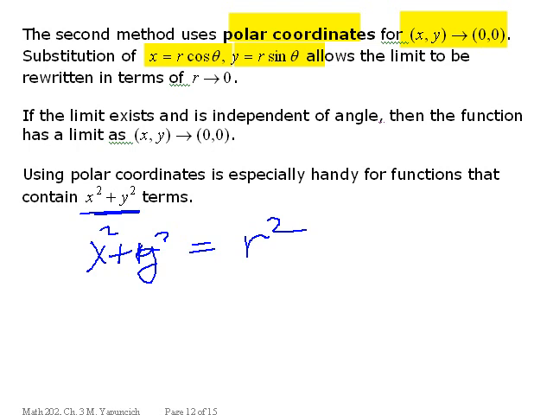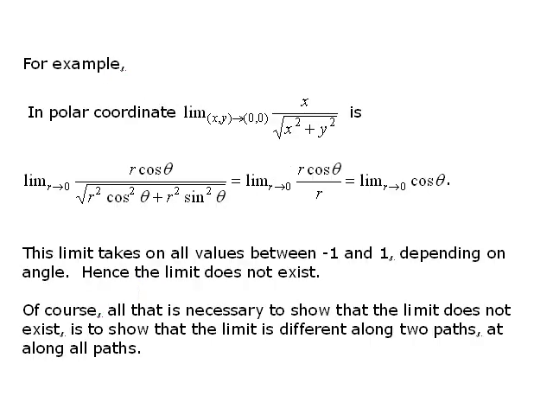So here's the example. I'm going to put this in polar coordinates. The x squared plus y squared term just turns into r squared, but you're taking the square root, so you get r. The numerator has r times the cosine of theta. In this case, the r's cancel. So I'm taking the limit as r goes to 0 of cosine theta.